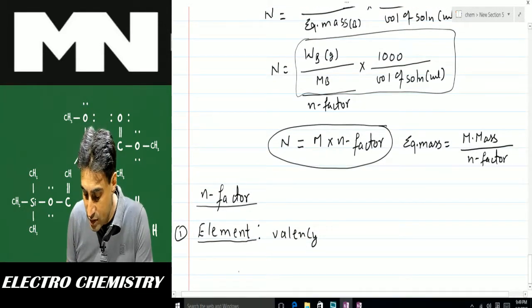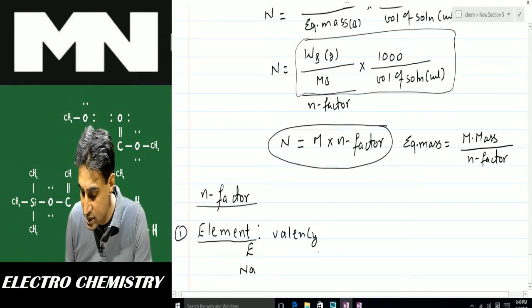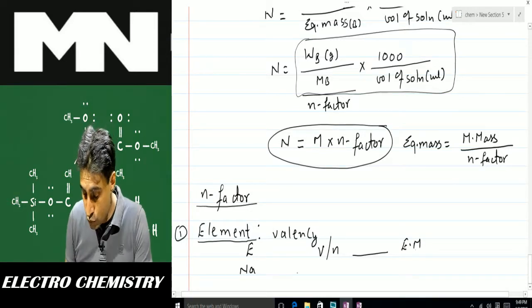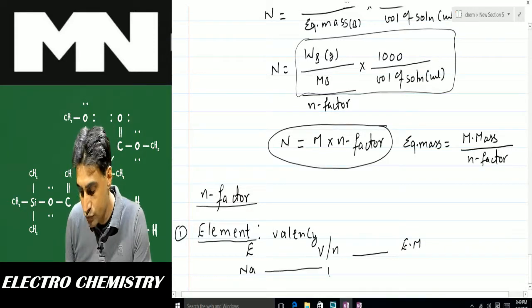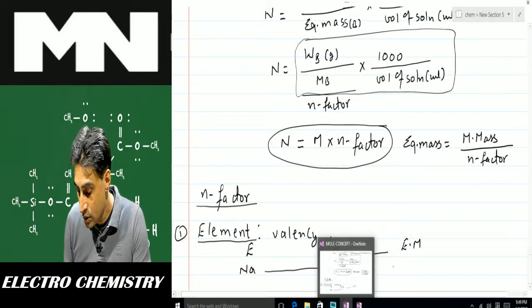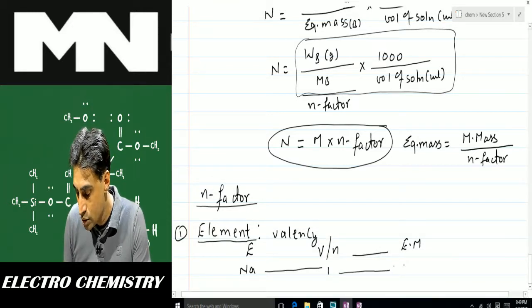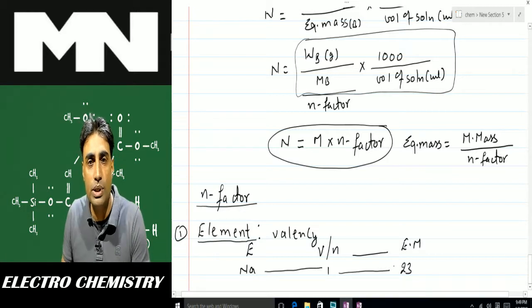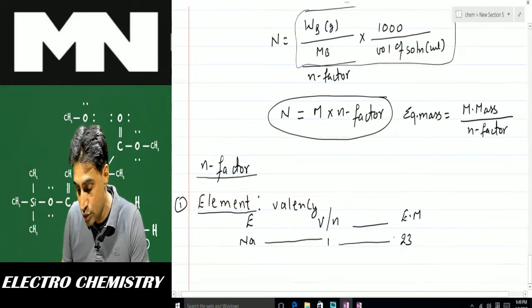For example, if I talk about sodium, this is the element I have got, E for element. We'll see its valency, that valency will become n factor, and we'll see its equivalent mass. So for sodium, the valency is 1, so its n factor is 1. The molar mass of sodium is 23. So if you divide 23 by 1, you will get 23. That means its equivalent mass is also 23.